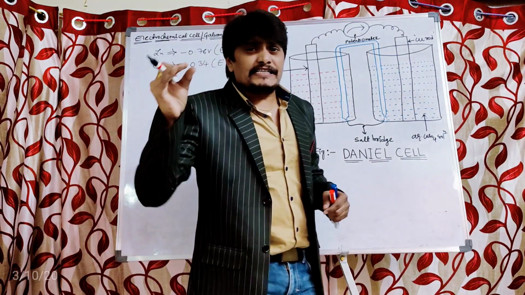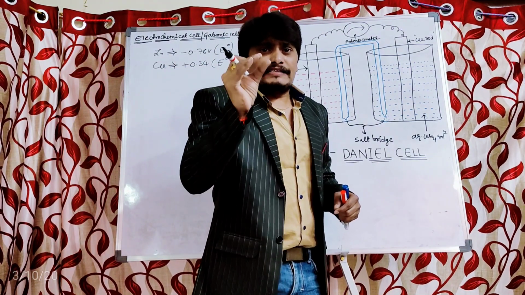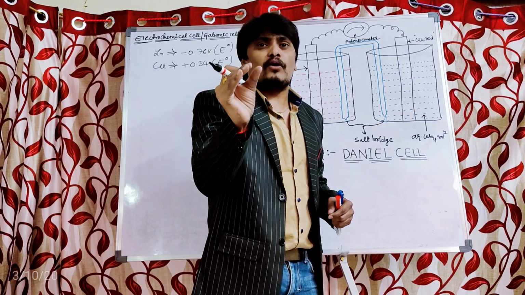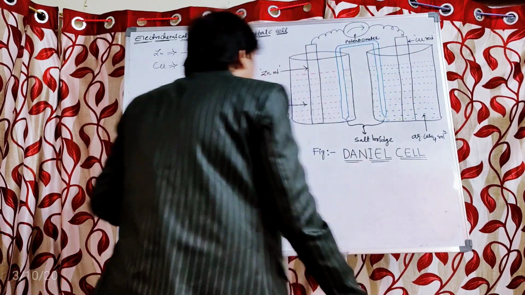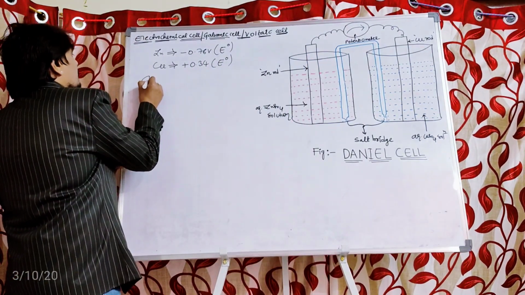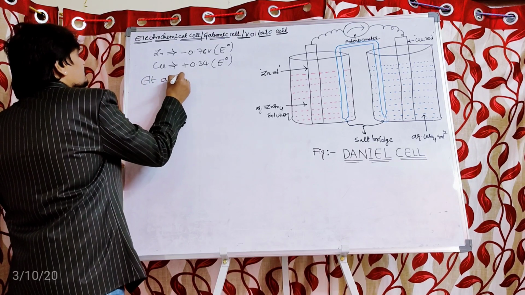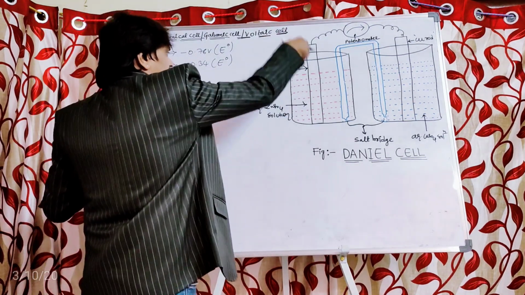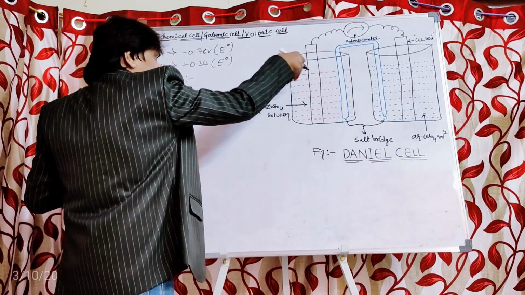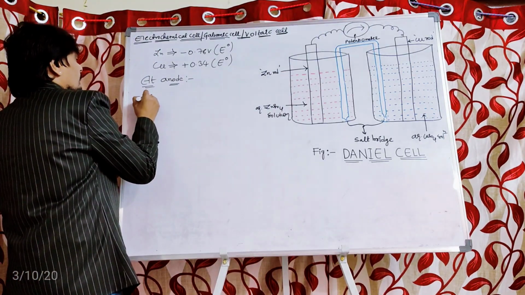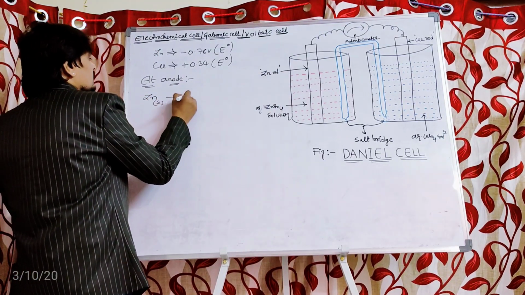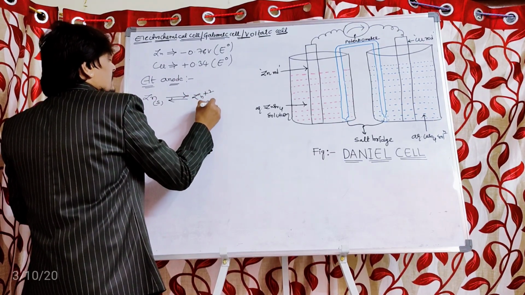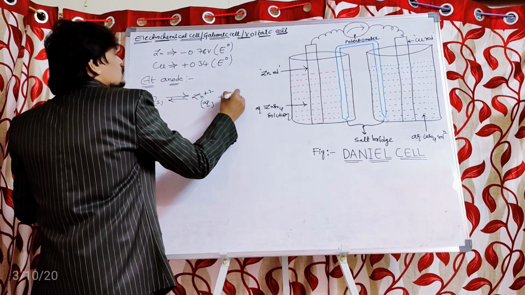So whenever it is dissolving, zinc produces Zn plus 2 ions and loses the 2 electrons. That is, at anode, zinc is undergoing dissolution in the aqueous zinc sulfate solution, producing Zn plus 2 ions, aqueous, and losing the 2 electrons.